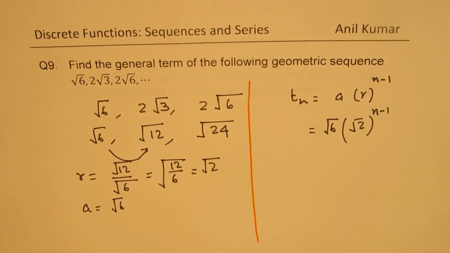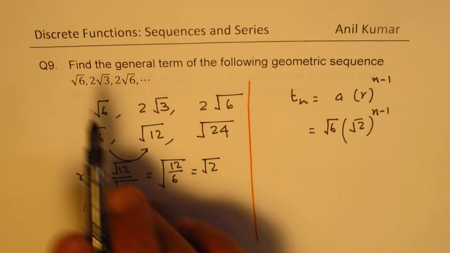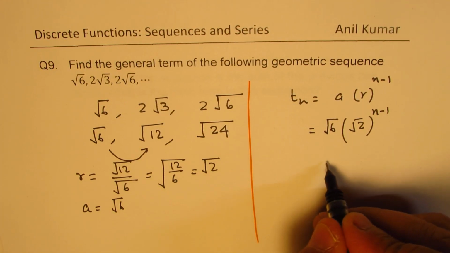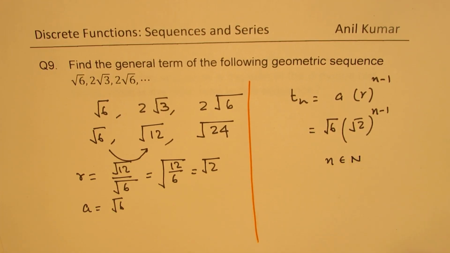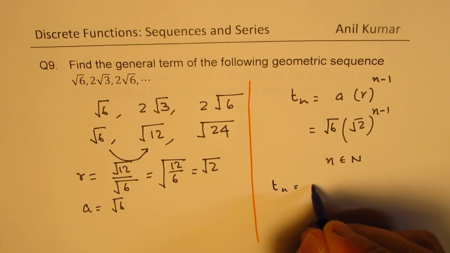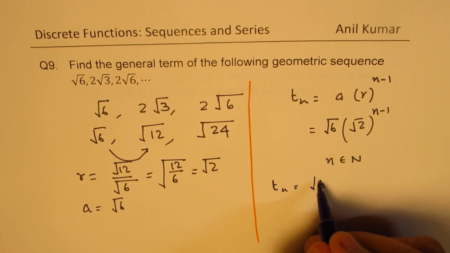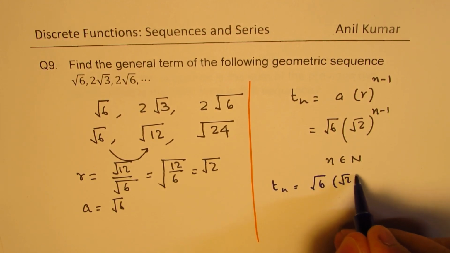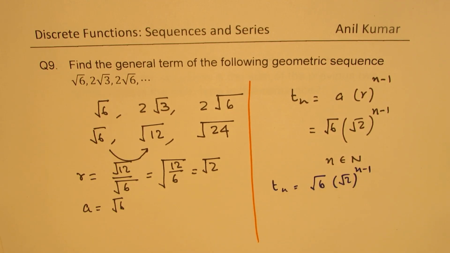That becomes our general term, right? And for any discrete sequence, we are saying n belongs to set of natural numbers. Perfect. So that is how you'll get your general term, Tn equals square root of 6 within bracket square root of 2 to the power of n minus 1.